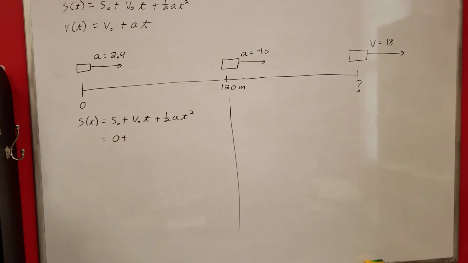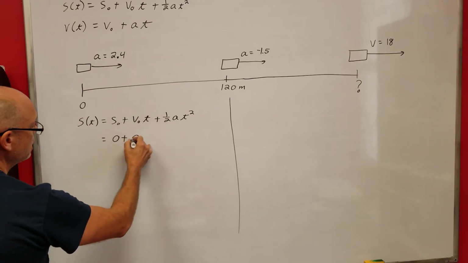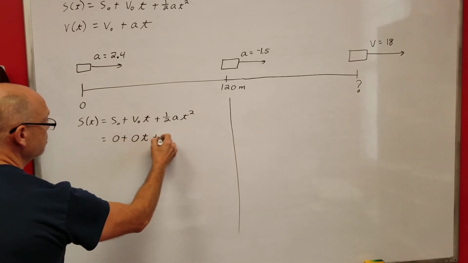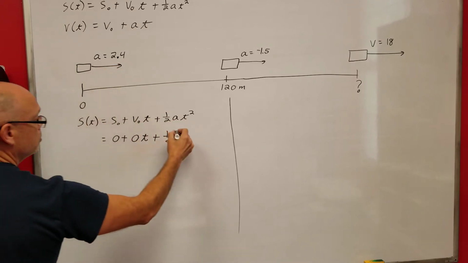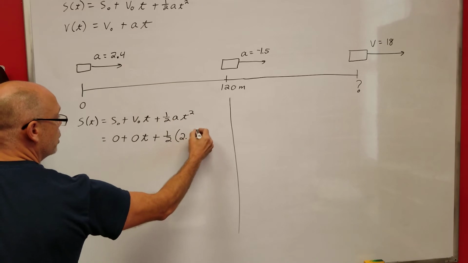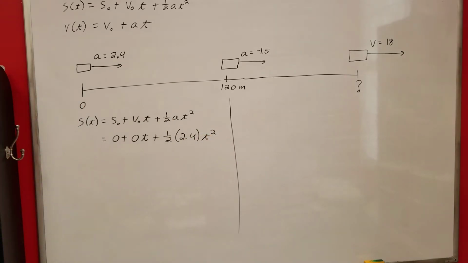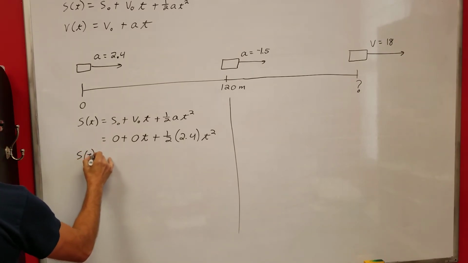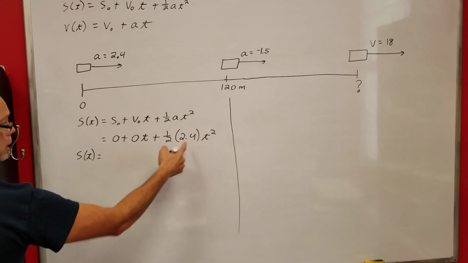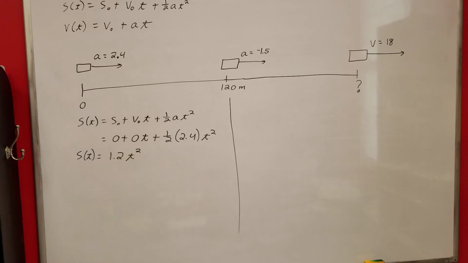It starts from rest, right? So its initial velocity is 0 as well. Now, what is the acceleration of the motorcycle? 2.4, right? Make sure it did start at rest, right? Yeah. All right, so S of t, if I clean this up, will equal what? What's 1/2 of 2.4? 1.2 t squared.